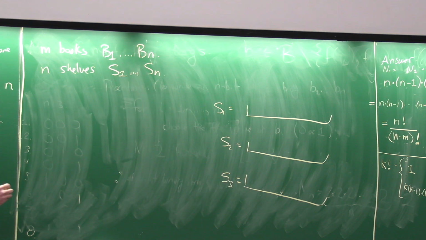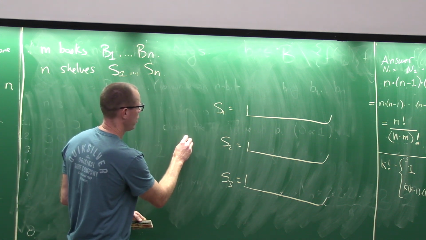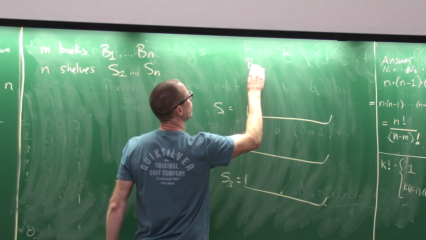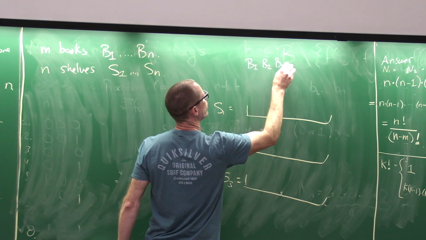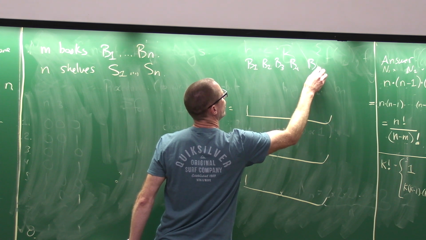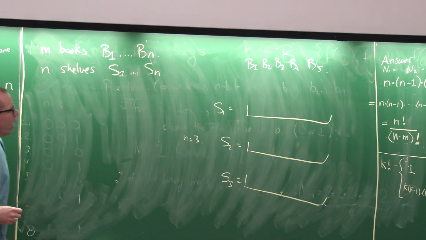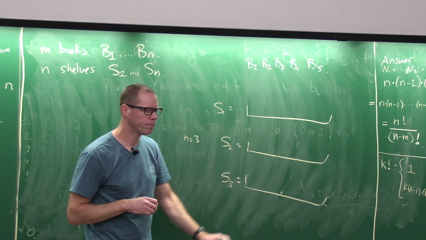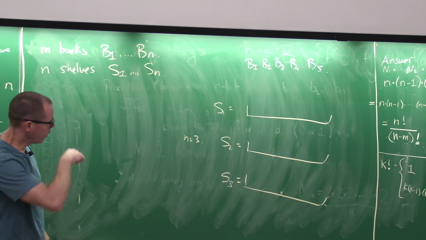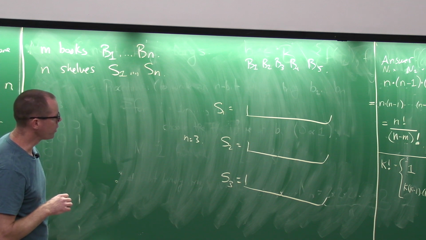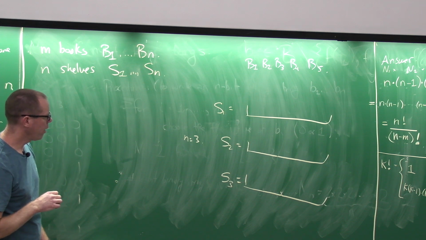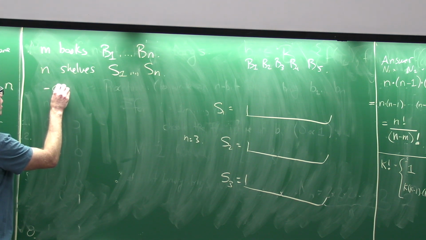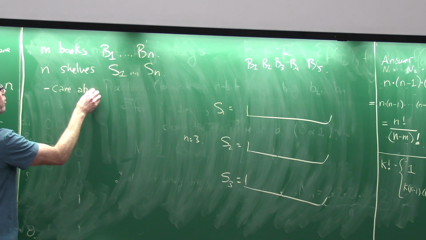So here's the picture. We have shelves, in this case n equals 3, and we have books, let's say B1, B2, B3, B4, and B5. And we want to place the books on the shelves. And we want to know how many ways there are to do that, where specifically what I care about is the following 2 things.